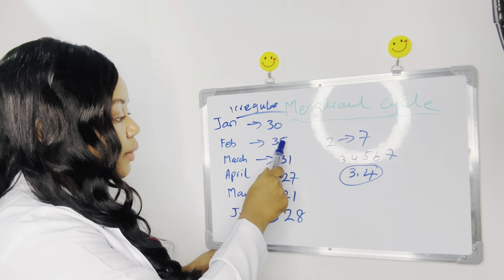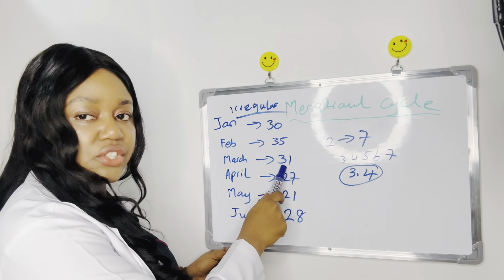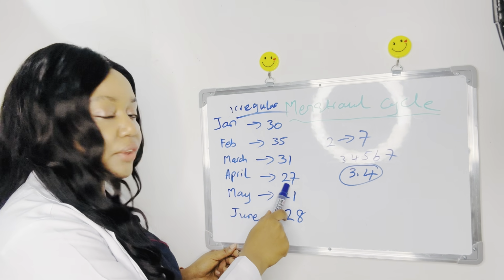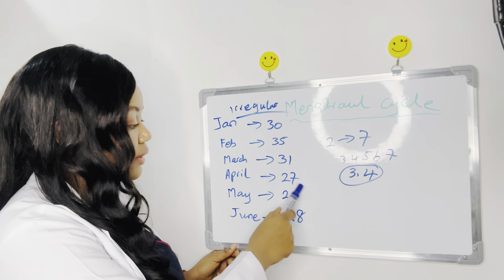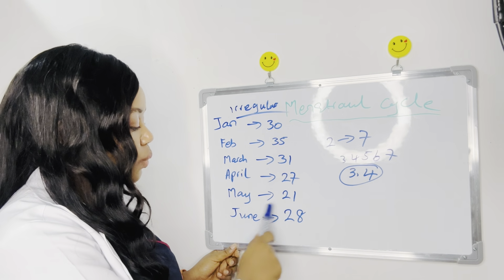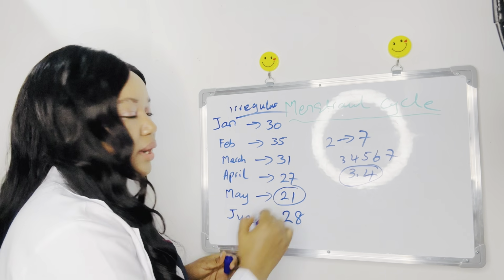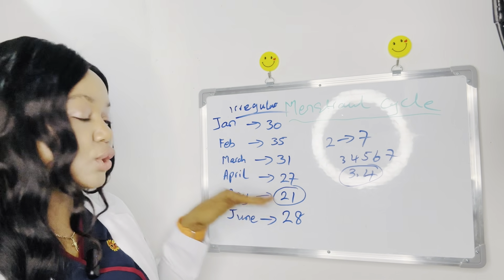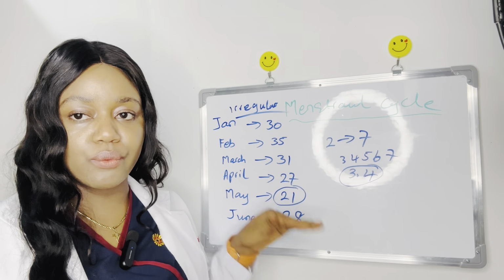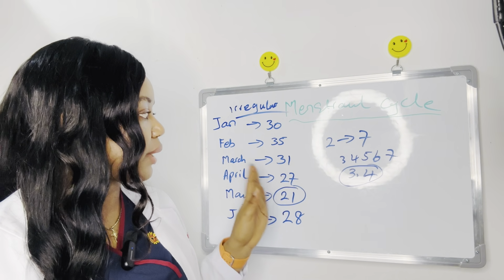February, 35 days. March, 31 days. In April, this person had 27 days. May, 21, and June, 28. So the lowest here is 21 days. So we are going to pick 21 days to calculate our ovulation. So that is how you get it.